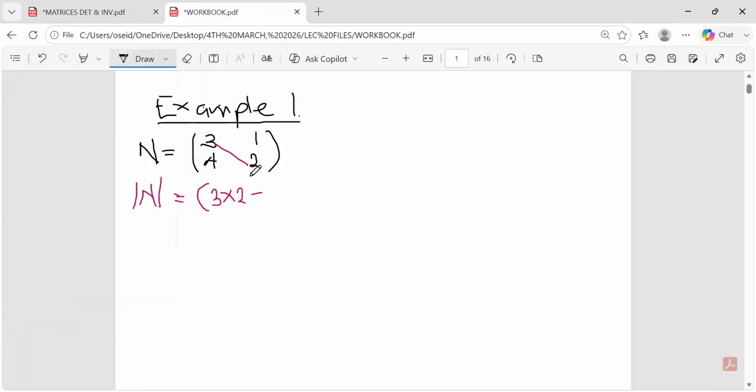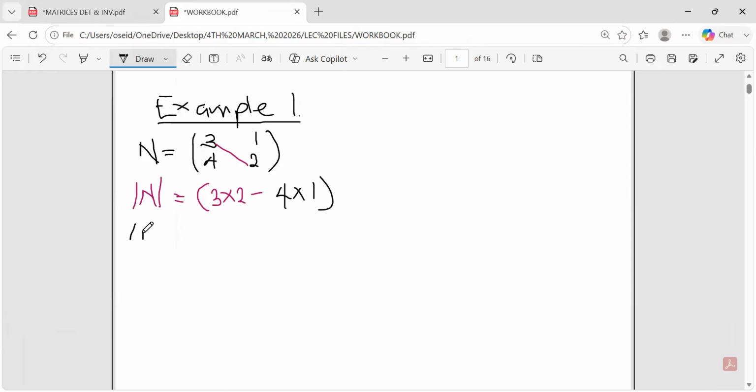The product of the other leading diagonal is 4 times 1. So that gives us 6 minus 4.